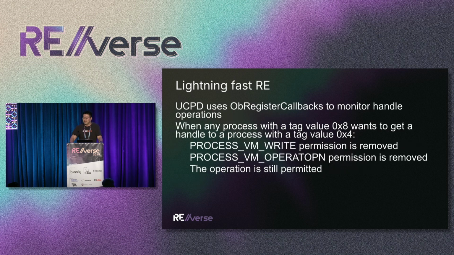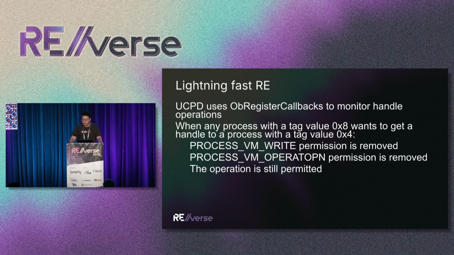So this is the important thing. It registers a callback for when you want to get a handle for anything. Let's say when you call OpenProcess to get a handle for a process. Now, at the kernel level, any callback registered by ObRegisterCallbacks will get a chance to filter the request, either approve it, reject it, or modify the permission.